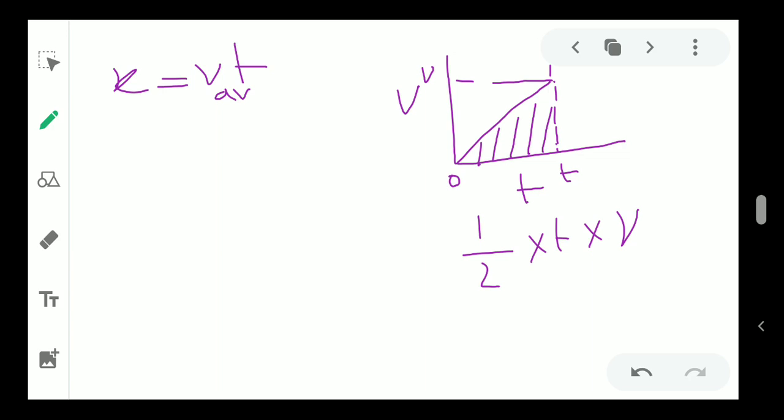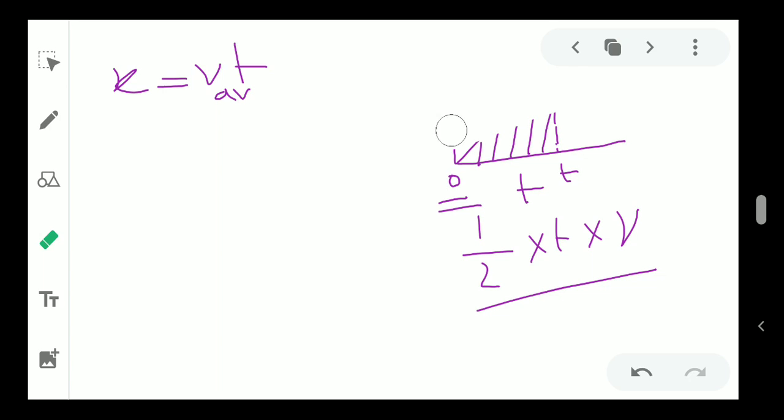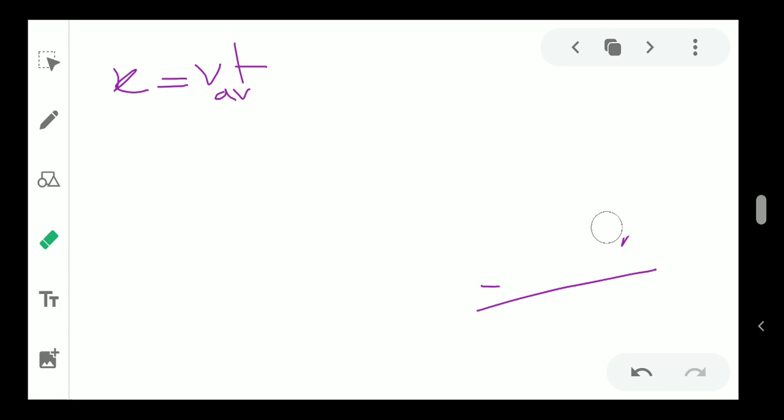Now in this case you can easily see that this is the case when we have 0, but in case you don't have 0, you have something like this.